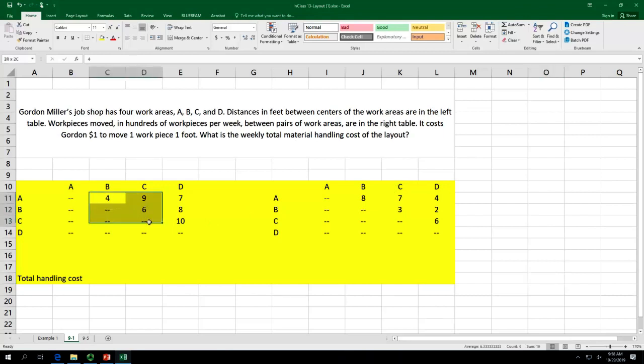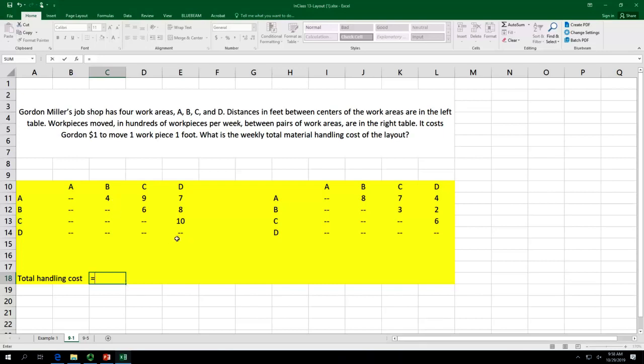This is the distance we are given, and these numbers are the workload we need to handle each week. They said it costs $1 to move 1 piece 1 foot.